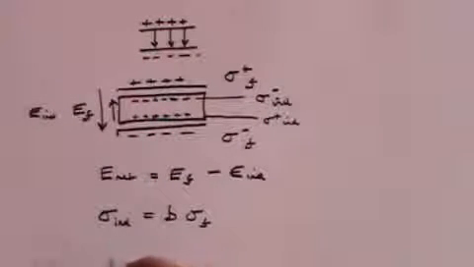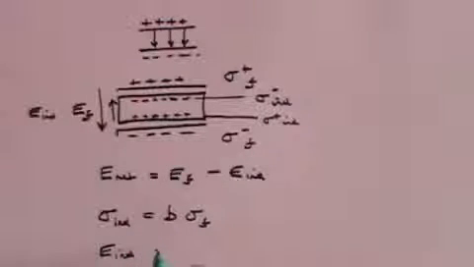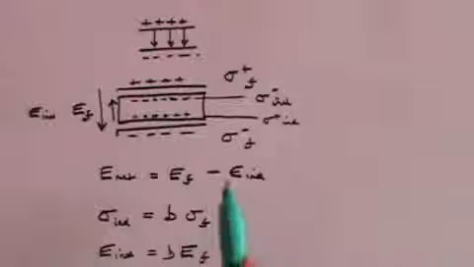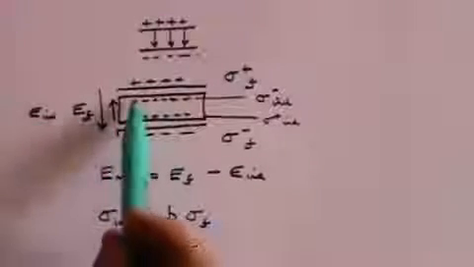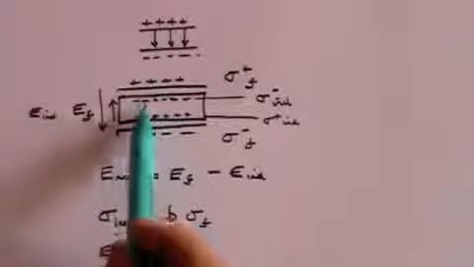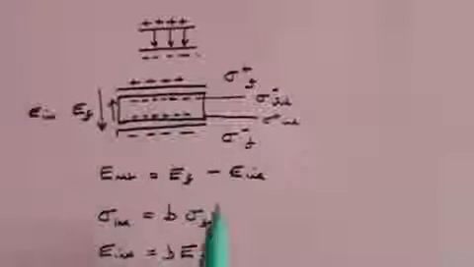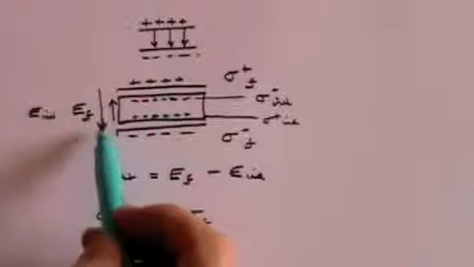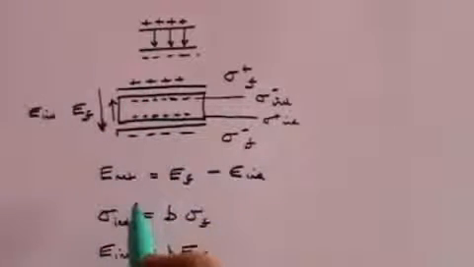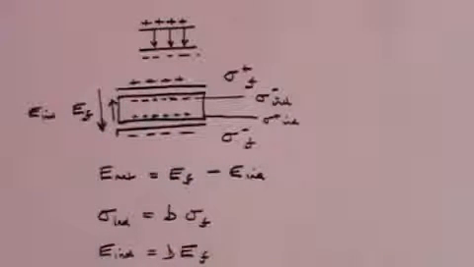Well, if that's the case, you can also say that E induced equals B E free. In other words, the induced field between the edges of the dielectric is a direct proportion of the free field that is flowing between the plates, since the strength of the field is proportional to the amount of charge.